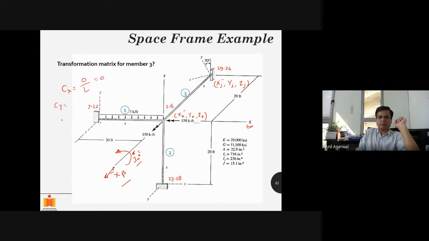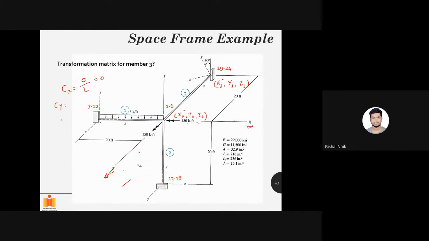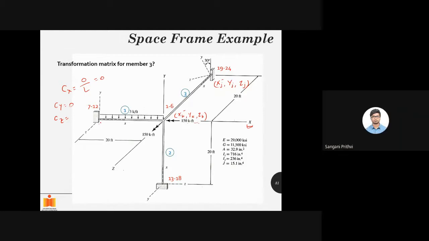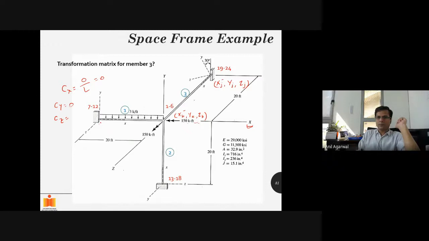What is Cy? 0. What will be Cz? Its projection in the z direction? 20 feet, sir. Yeah. It will be 20 divided by member length, right?